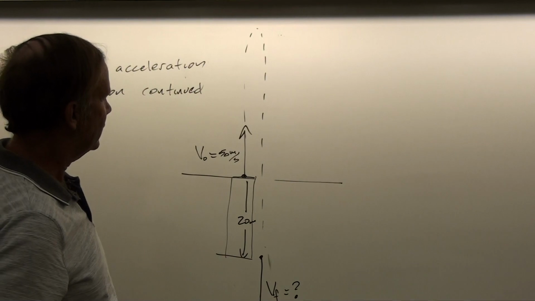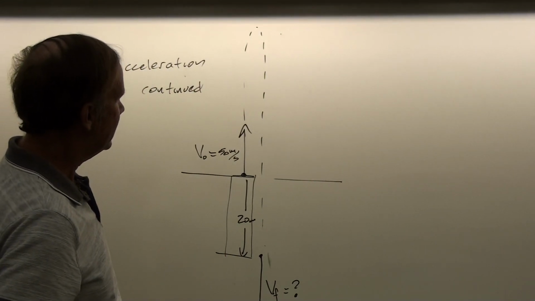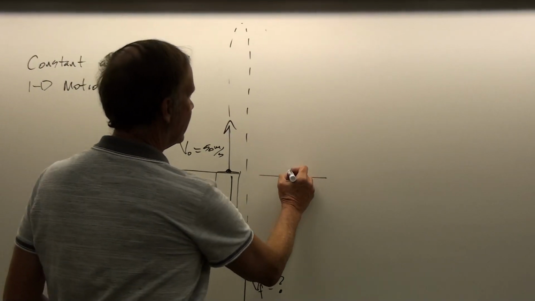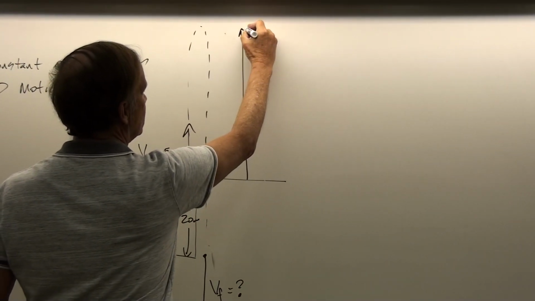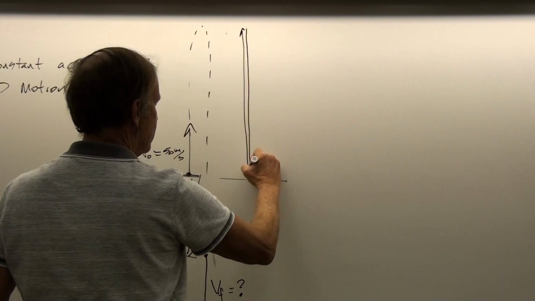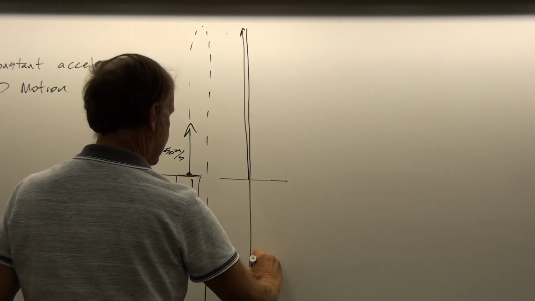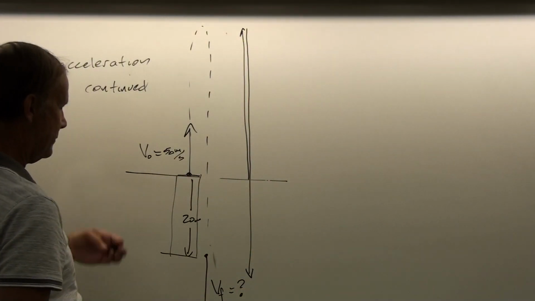And so in a problem like this, we actually have two different displacement vectors. One brings us to the peak of the path, and the other brings us from the peak all the way down to minus 20.